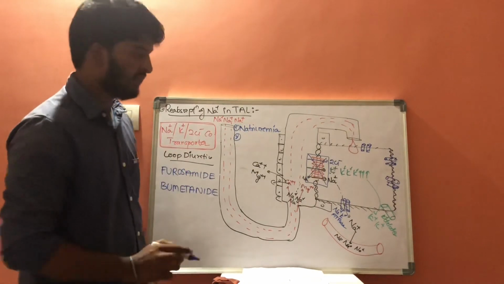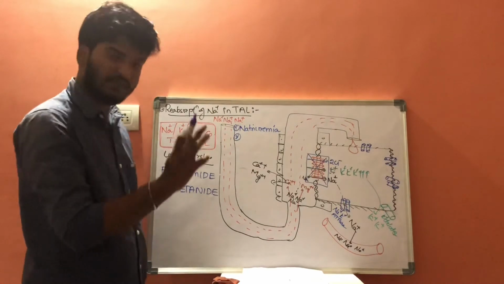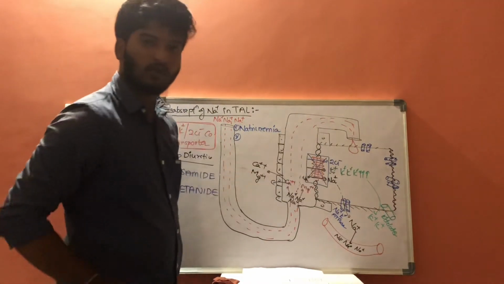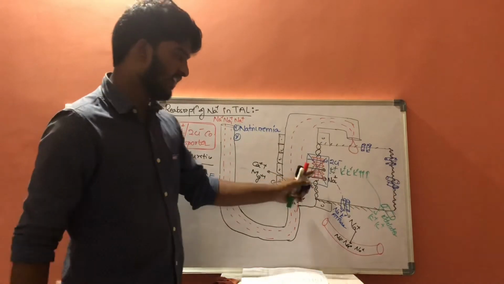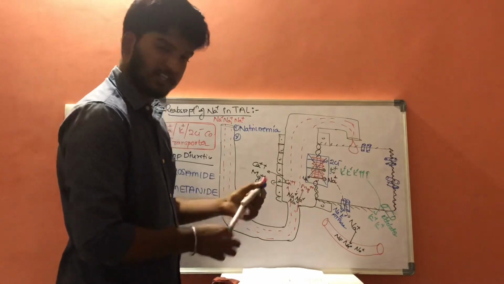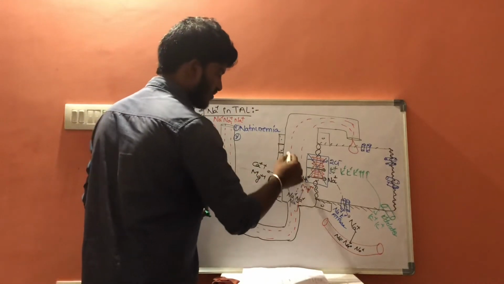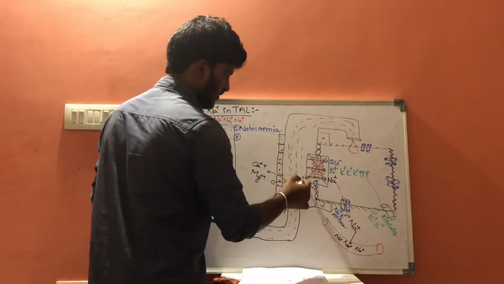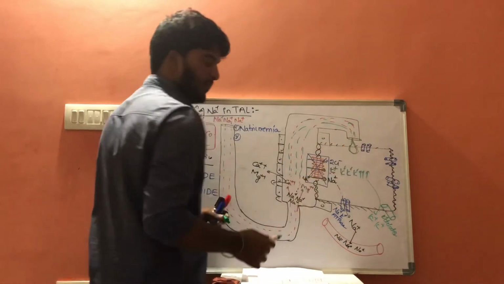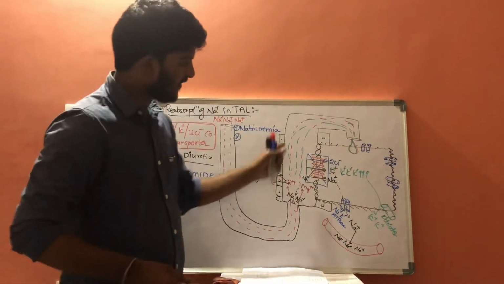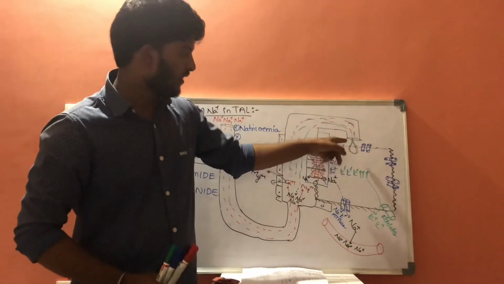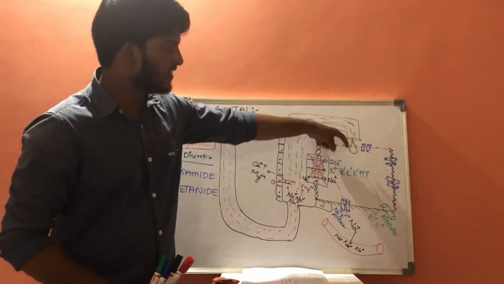Next, the function of furosemide is that it blocks the sodium potassium 2 chloride cotransporter. So if it gets blocked, the potassium concentration is also increased. That means the potassium concentration in the loop of Henle will increase, and ultimately it will reach the collecting duct and be present in the urine.